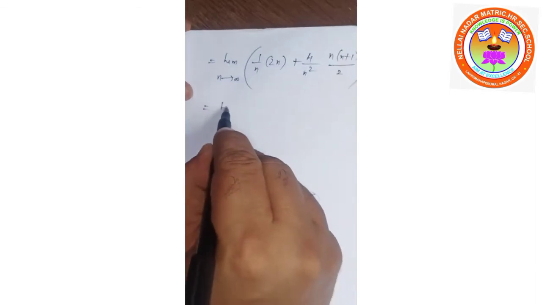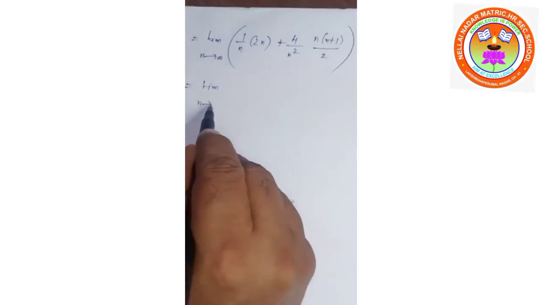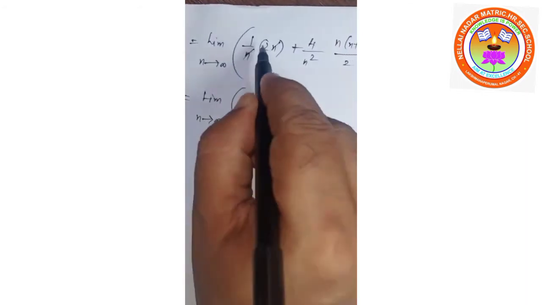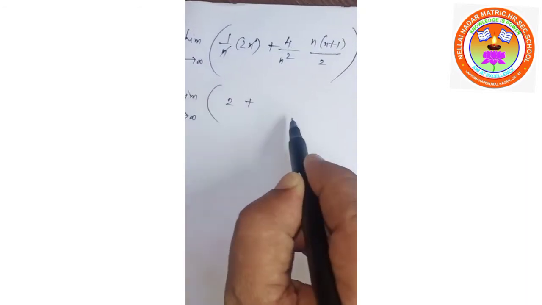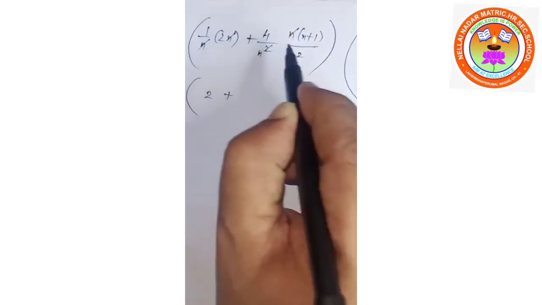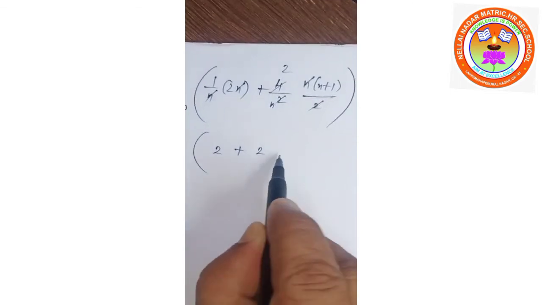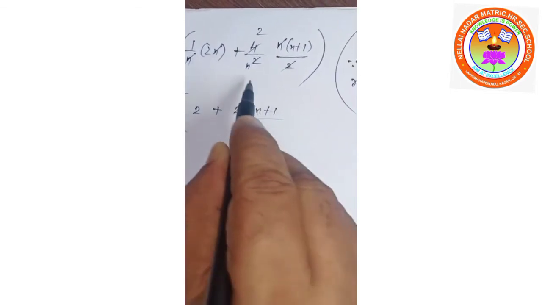Equals limit n tends to infinity. n gets cancelled, 2 ones are 2, plus 1 n gets cancelled, 2 gets cancelled, 2 into n plus 1 divided by n.